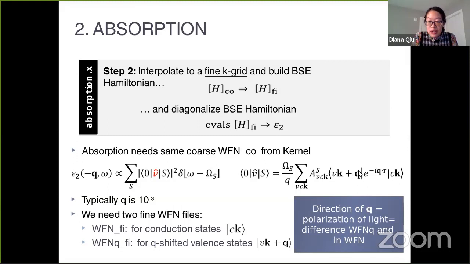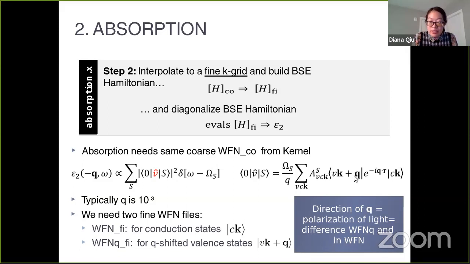So this Q, because this is the velocity matrix element, actually corresponds to the momentum of light that's transferred to your exciton. So for optical absorption, of course, the momentum of light is very small, close to zero.